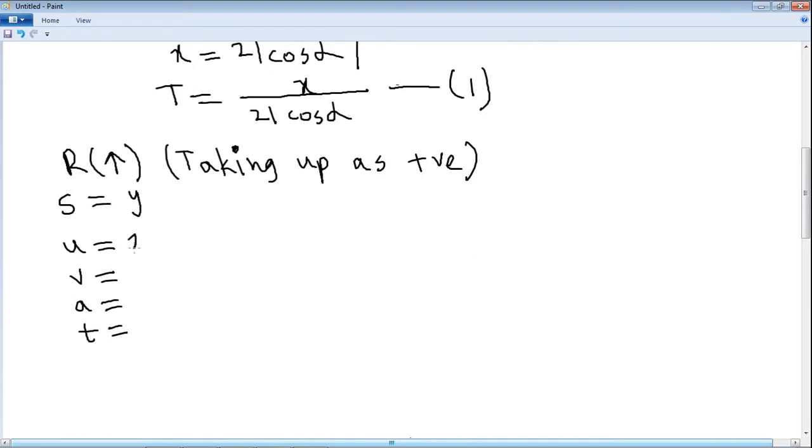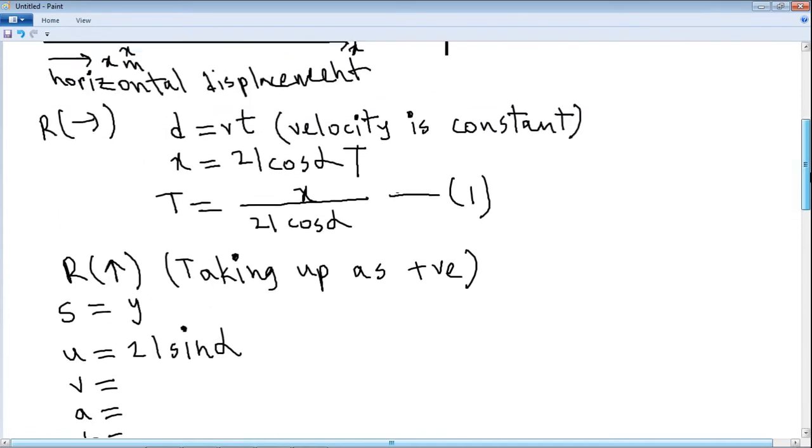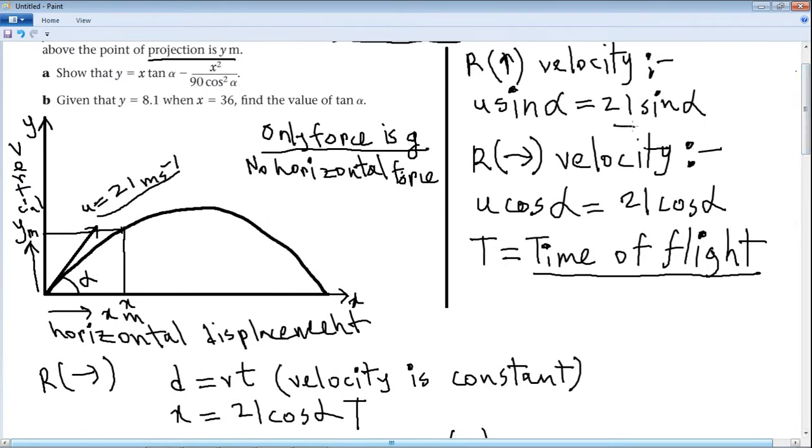U, which is 21 sine alpha, which we have found earlier. Here we will use the vertical component of velocity.